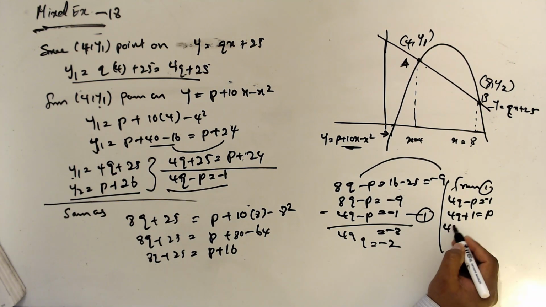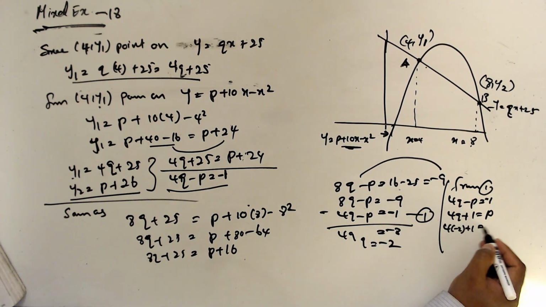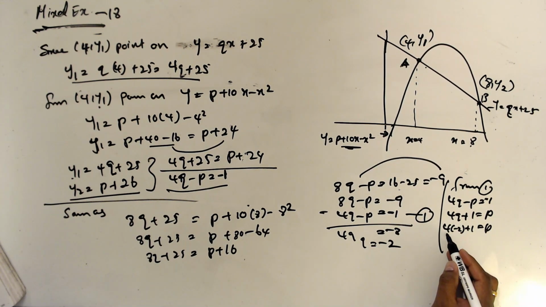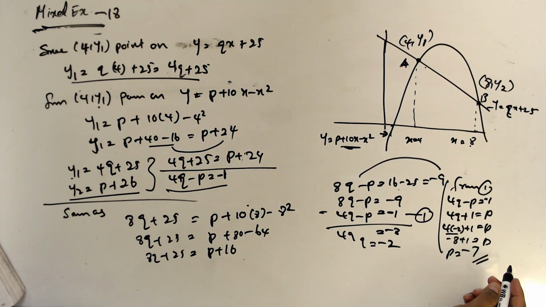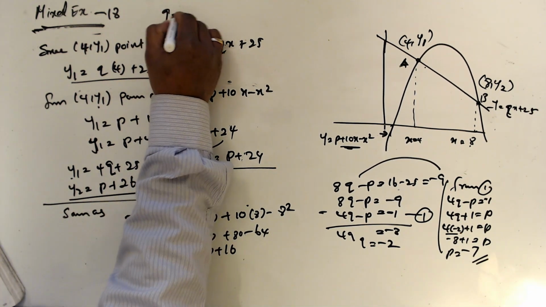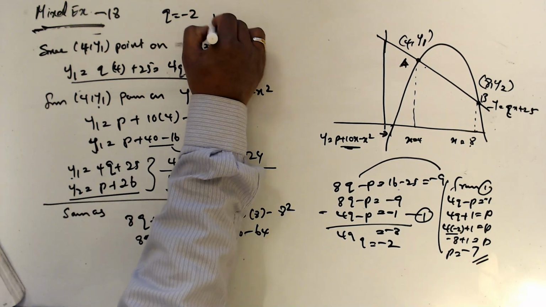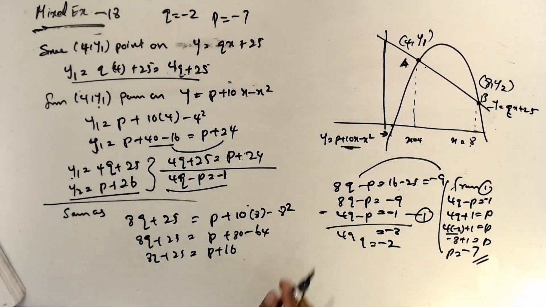So this is 4 times minus 2 plus 1 equal p. So this is minus 8 plus 1 equal p. P equal minus 7. We have q equal minus 2 and p equal minus 7.